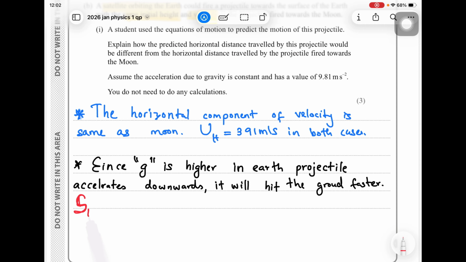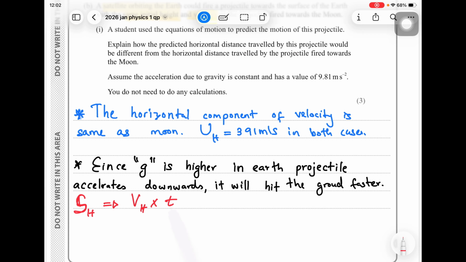So we can say horizontal distance is affected by both the vertical velocity and the time. Velocity in the horizontal direction is equal to ut times the time. So the greater the time will make the greater the displacement, the lesser the time will make the lesser the distance.